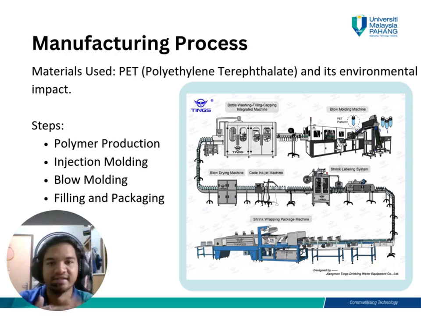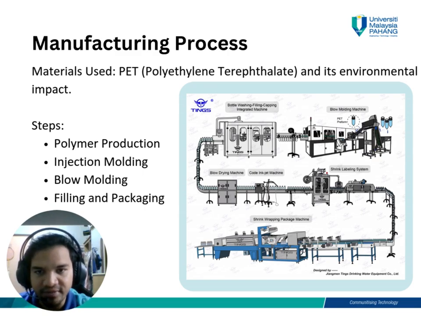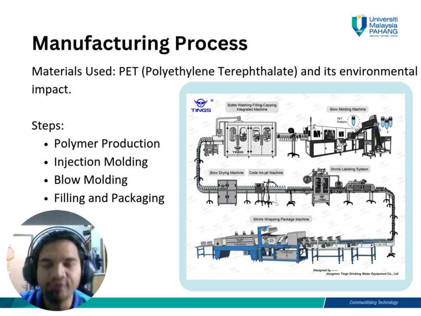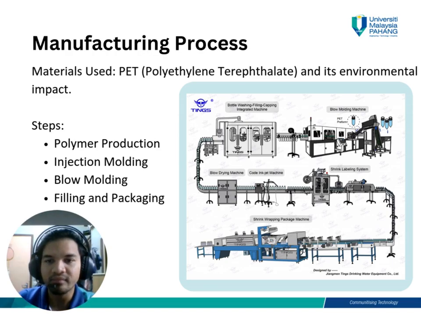As you can see from the visual, the first step involves polymer production, and then it goes to the injection molding process, then through the blow molding process, and the final stage is the filling and packaging process.